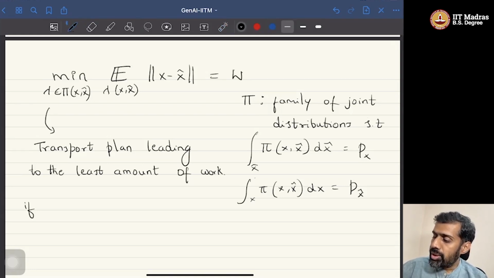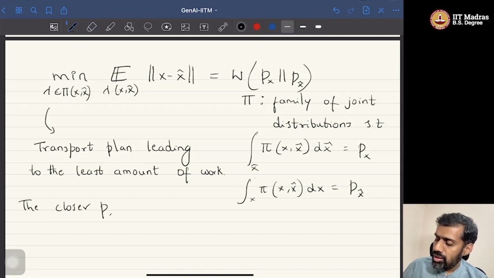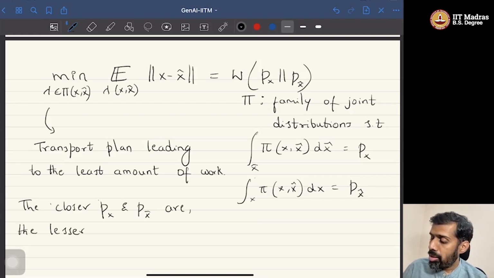Let us call this W, W of Px and Px cap. Now, what we are saying is, the closer Px and Px cap are, the lesser W will be.